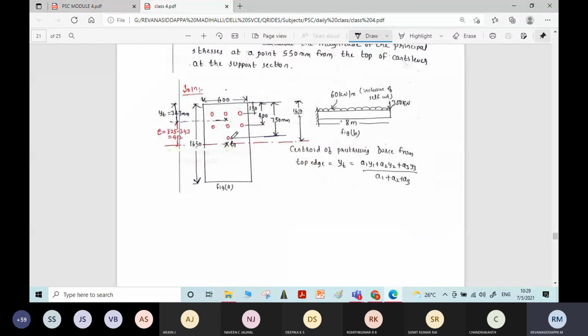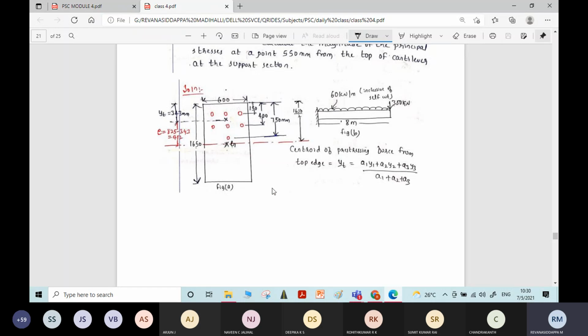First you write this formula. Centroid of prestressing force from top edge yt is equal to. I hope you all have written the formula.